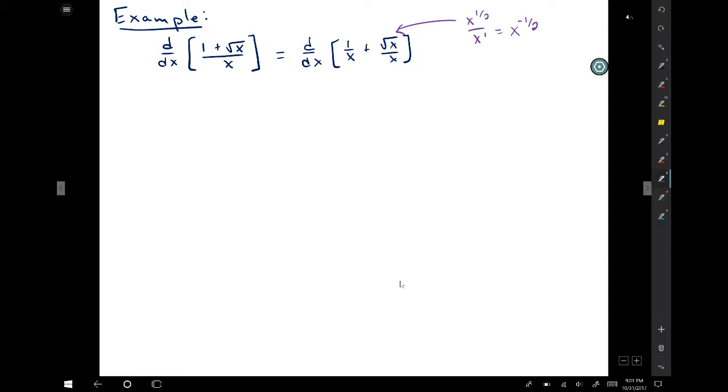And also, because we're going to be taking derivatives, remember that 1 over x is the same as x to the minus 1. So having established that, now we have a sum that we can split up. So I have the derivative of x to the minus 1 plus the derivative of x to the minus 1/2.